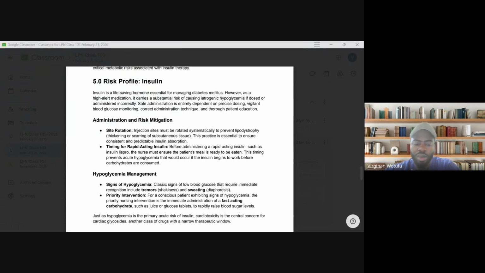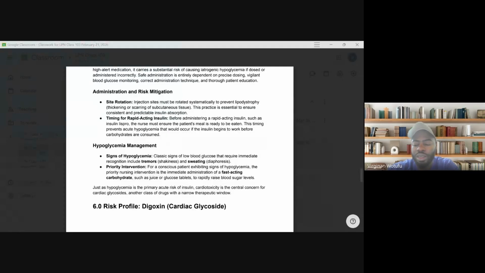The priority nurse intervention would be to administer fast-acting carbohydrates, right? Like orange juice or glucose tablets, which are intended to raise the sugar level.